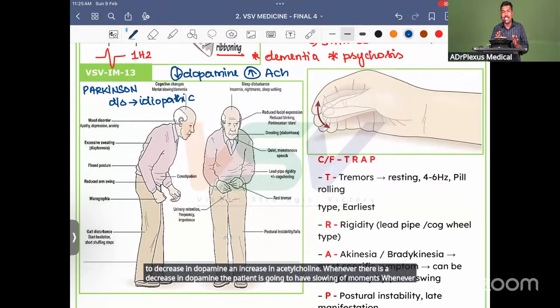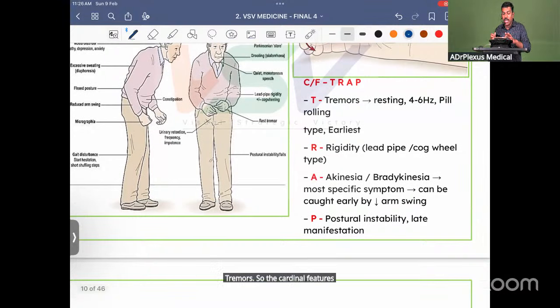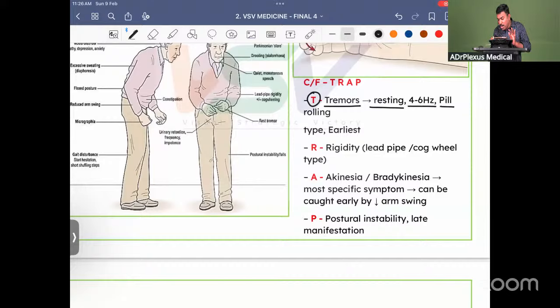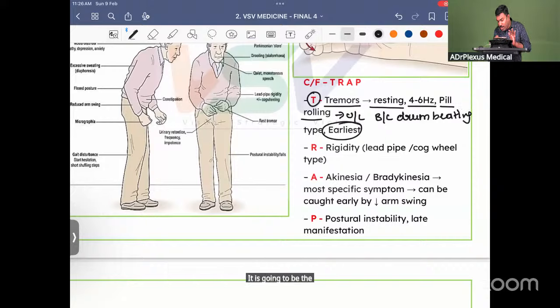Whenever there is an increase in acetylcholine, the patient is going to have tremors. So the cardinal features of your patient with Parkinson's disease start with tremors. The tremors are resting tremors of frequency 4 to 6 hertz, pill rolling tremor if it is unilateral. If it is bilateral, then it is going to be the drum beating tremor. It is going to be the earliest feature of Parkinson's disease.